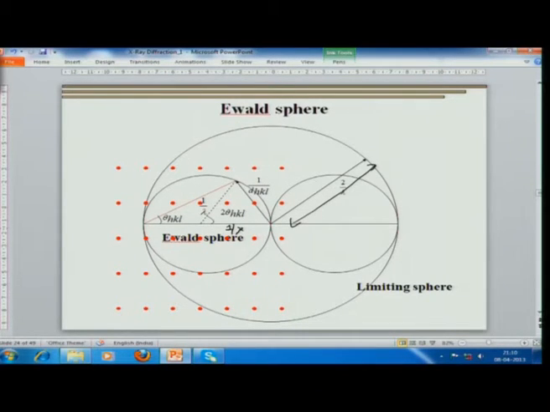Diffraction, as already mentioned, occurs at a particular point when the sphere or the circle, as shown in this figure, and any one of the reciprocal lattice points, which are shown over here, interact. So, you see that for this particular point, as well as a point like this, lying on the Ewald sphere, diffraction occurs.